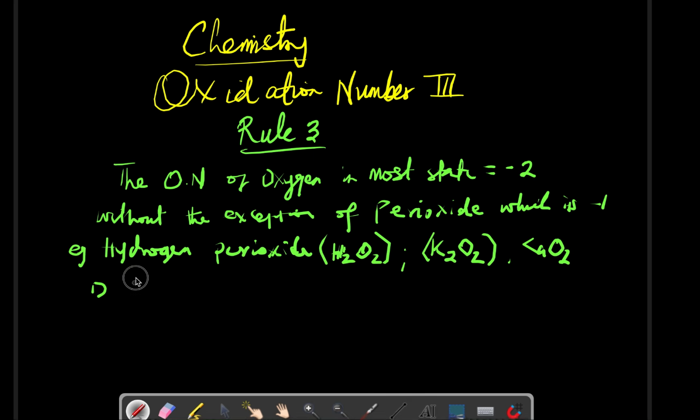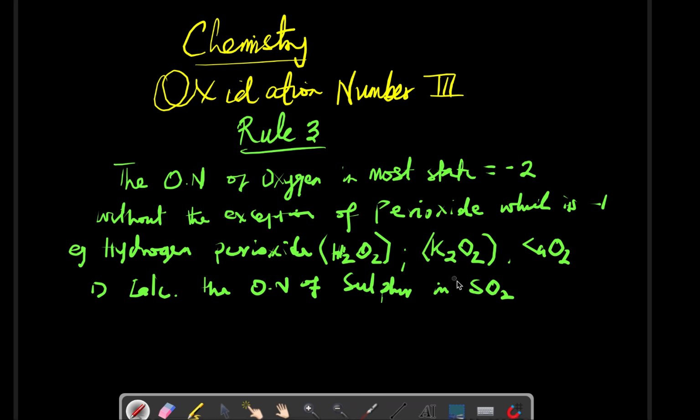So if they say calculate, question 1, calculate the oxidation number of sulfur in maybe SO2. Good. Now this one will not be a peroxide. Remember I told you that the oxidation number of oxygen in most states is -2.